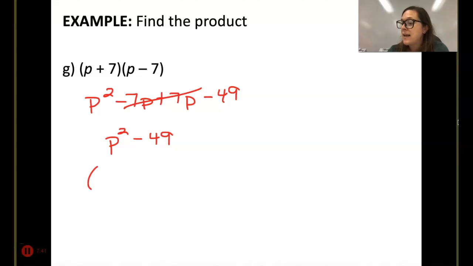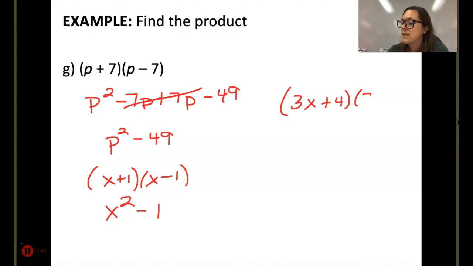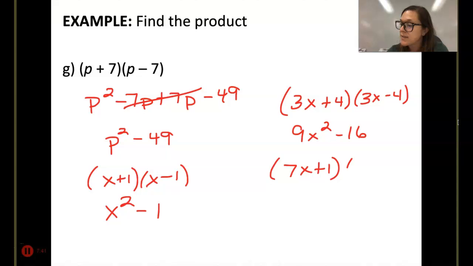So if I had x plus 1 times x minus 1, you should know that it should just go right to x squared minus 1. Or if I had 3x plus 4 times 3x minus 4, it would go straight to 9x squared minus 16. Or if I had 7x plus 1 times 7x minus 1, you should know that it goes right to 49x squared minus 1, right? That should be something that you can do really quickly.